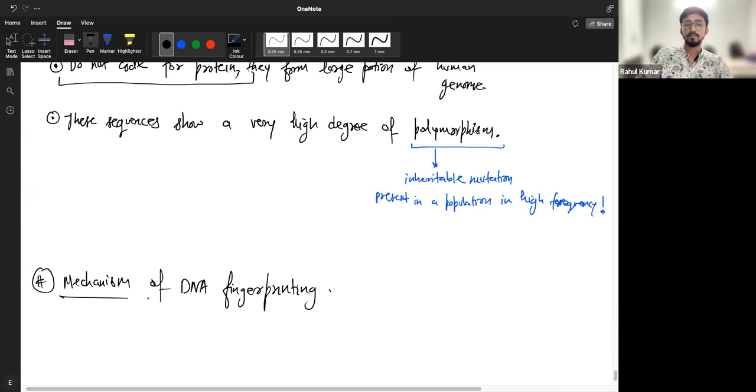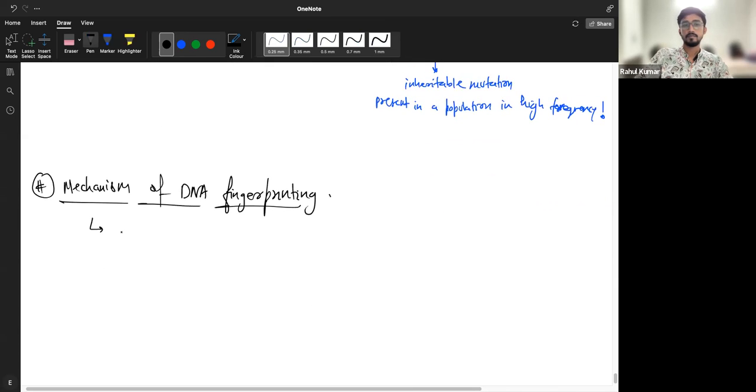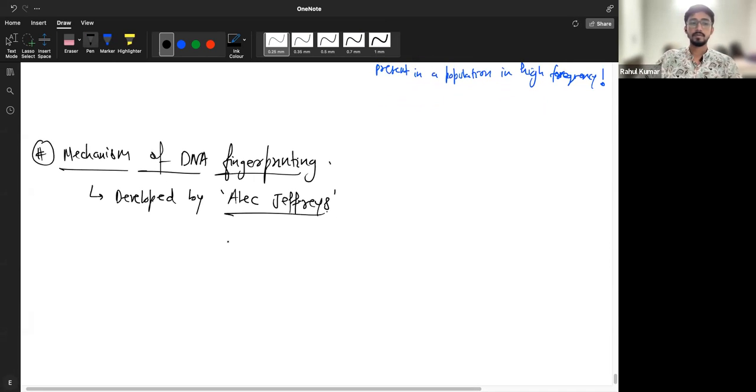First point, this technique was developed by Jeffreys. He developed the technique. And what he did, next point, he used a satellite DNA.